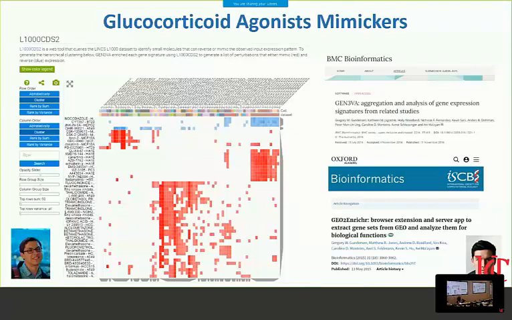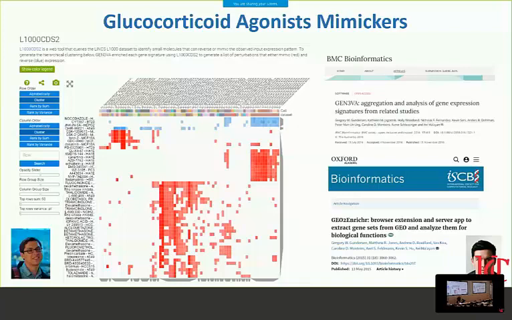So all of those columns are studies where dexamethasone was used to treat various human cells or mouse cells. And then we looked at compounds that can either mimic or reverse dexamethasone. We show that over a third of the molecules fall into a cluster that have many dexamethasone signatures that were profiled by the L1000.